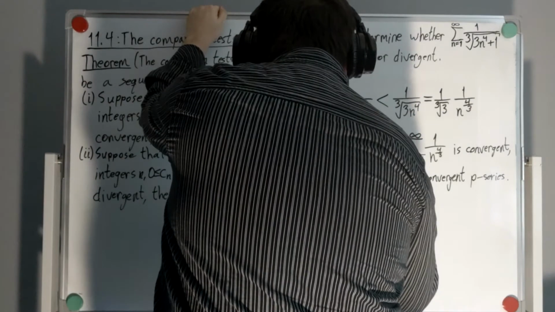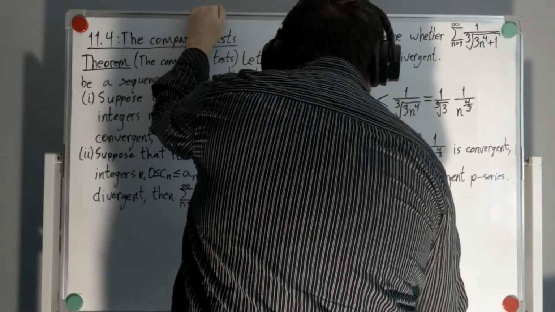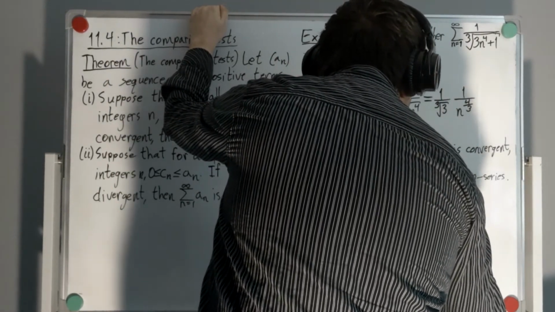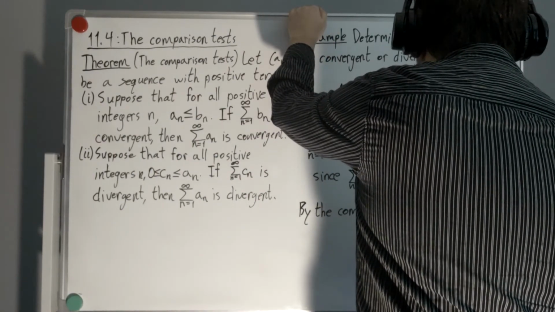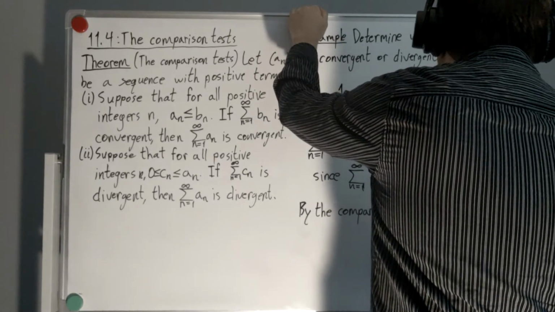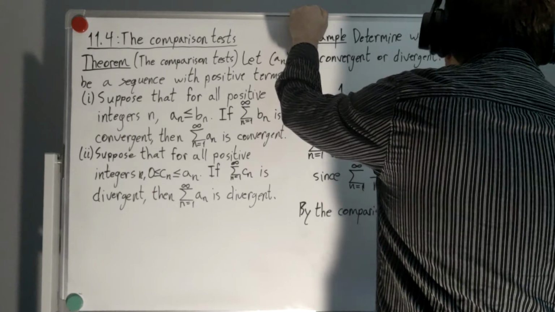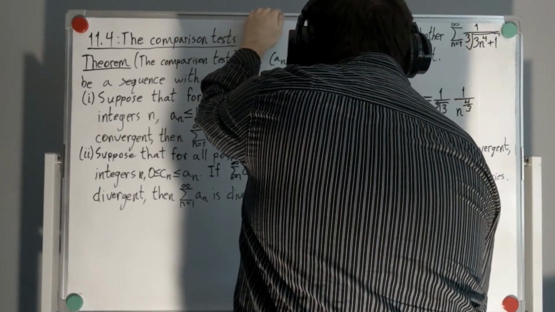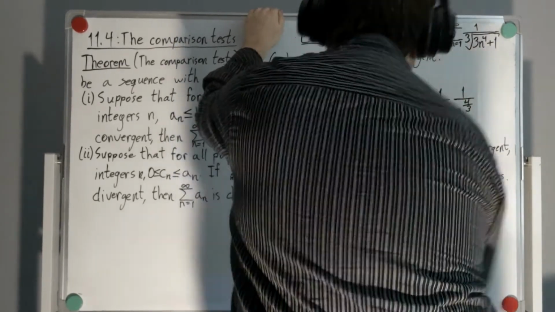So by the comparison test, the sum from n equals 1 to infinity of 1 divided by the cube root of 3n to the 4th plus 1 is convergent. And that's that.